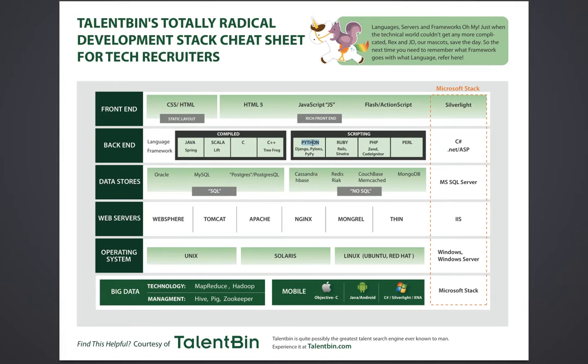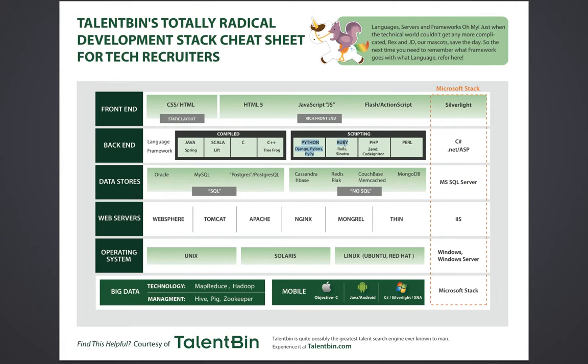If you're recruiting for an early stage startup or a company that is trying to pull together web applications quickly that don't necessarily require a lot of scale, you would see back-end engineers being recruited with these scripting languages.